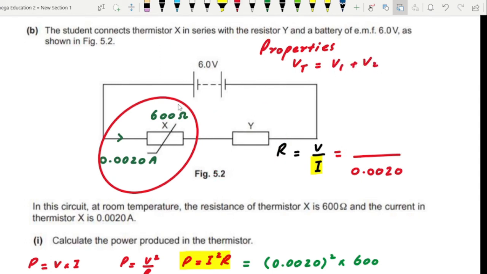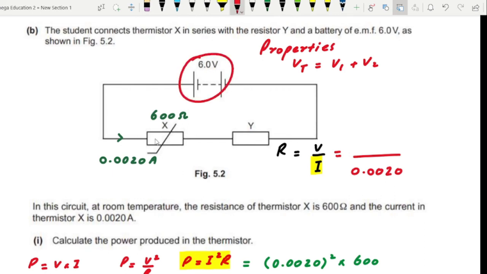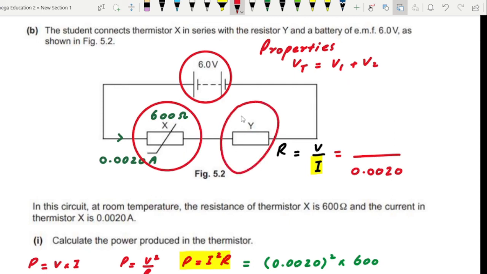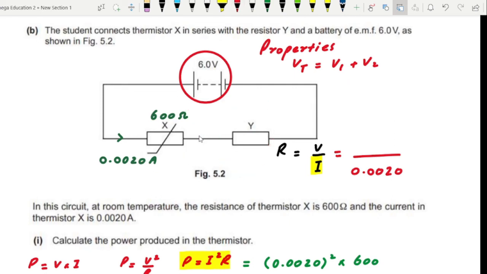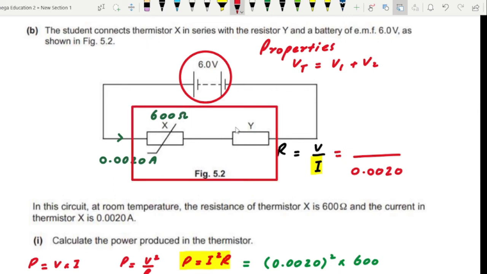If you have 6 volts coming from the battery, out of this 6 volts, some of the voltage would be given to this one and some of the voltage would be dropped across the second one. But if you add the voltage across these two components, you get 6 volts back again.